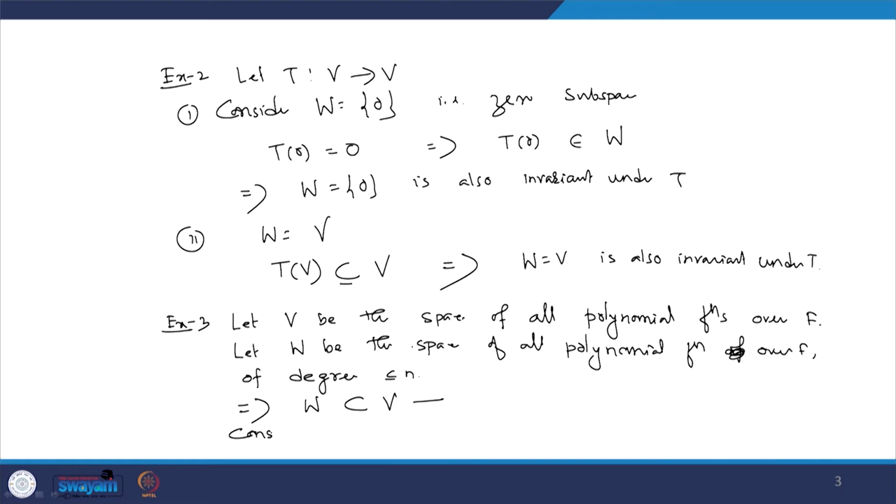Now, consider the differential operator D on V. Then W will be invariant under D. How?